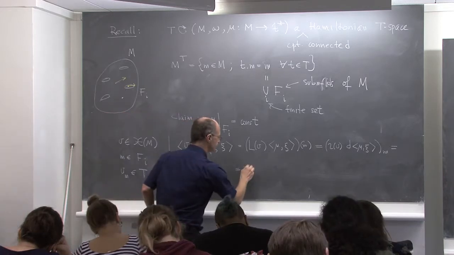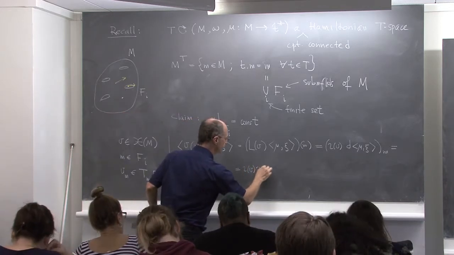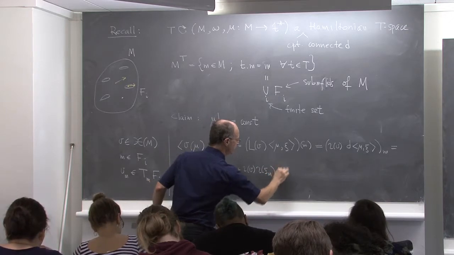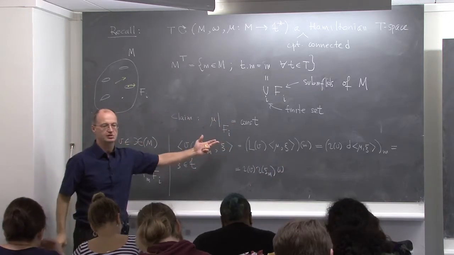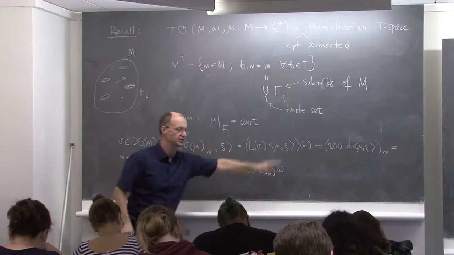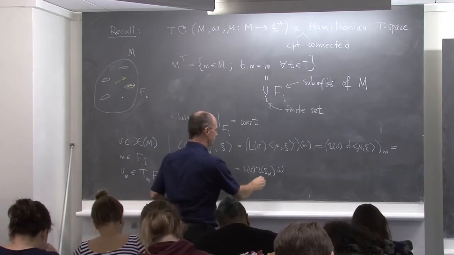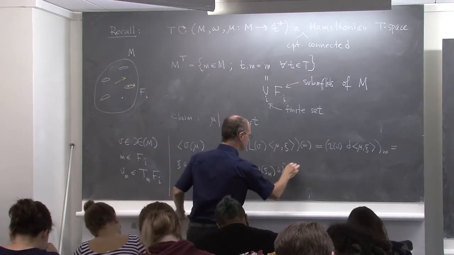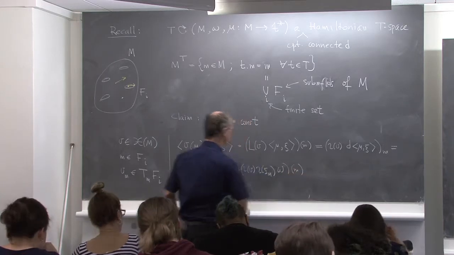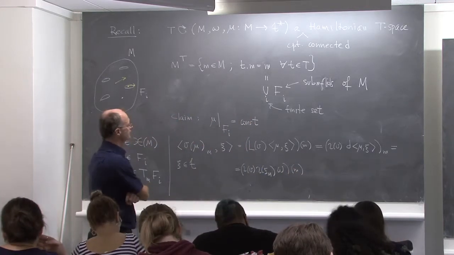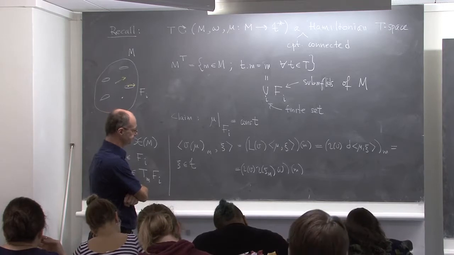But this is equal to iota of V iota psi M omega, because this is a Hamiltonian T-space, right? That's just the moment map condition. And this is all computed at m.